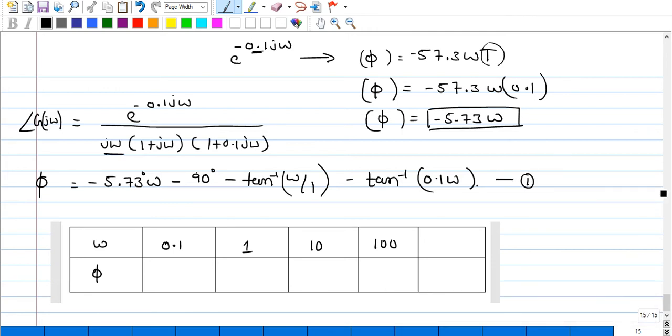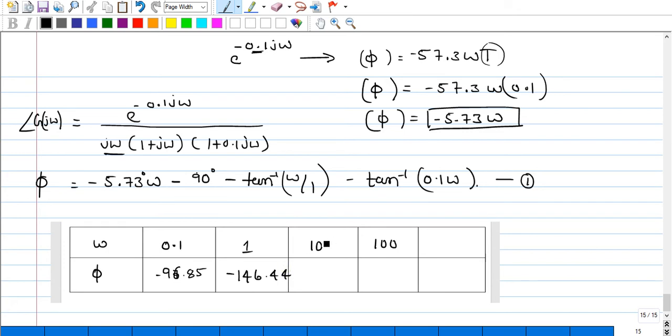So the answer is as follows. Please work out. So the angle will be minus 97, and here you will be having 96.85. Okay, did you find for 1? For 1 it will be minus 146.44.